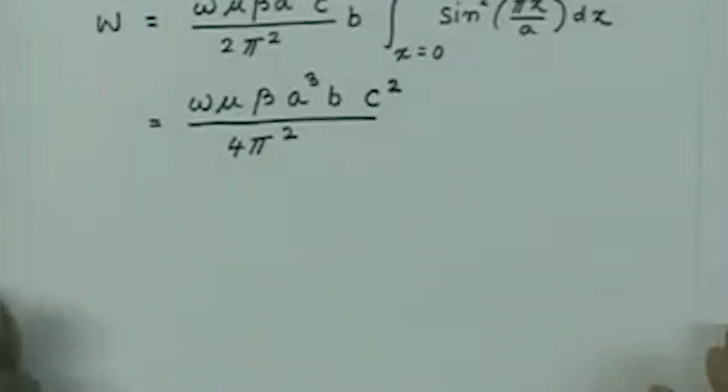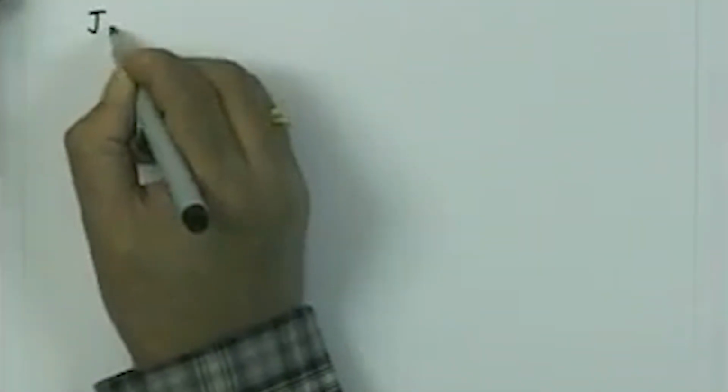So, we can get now the current on this wall, the surface current Js at x equal to 0 wall.